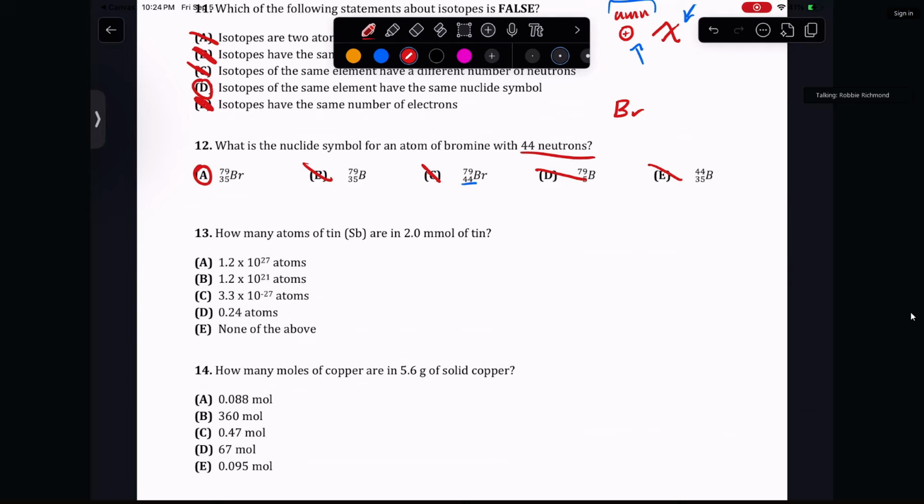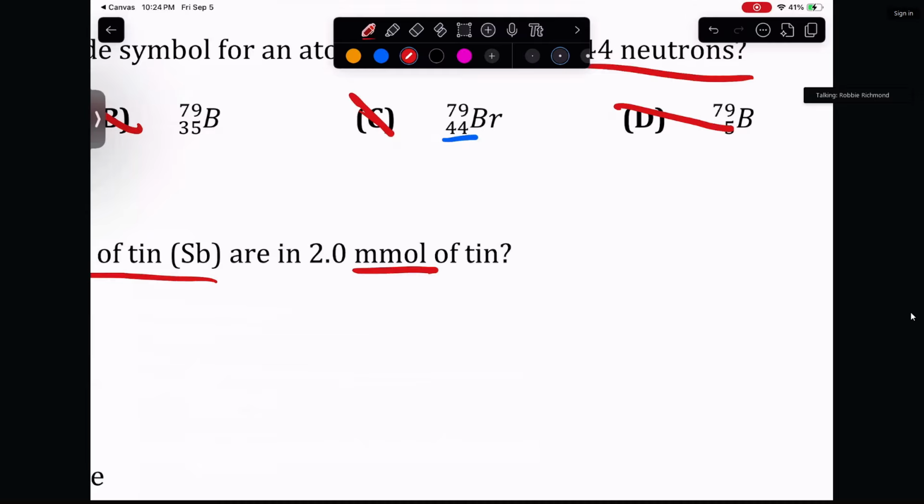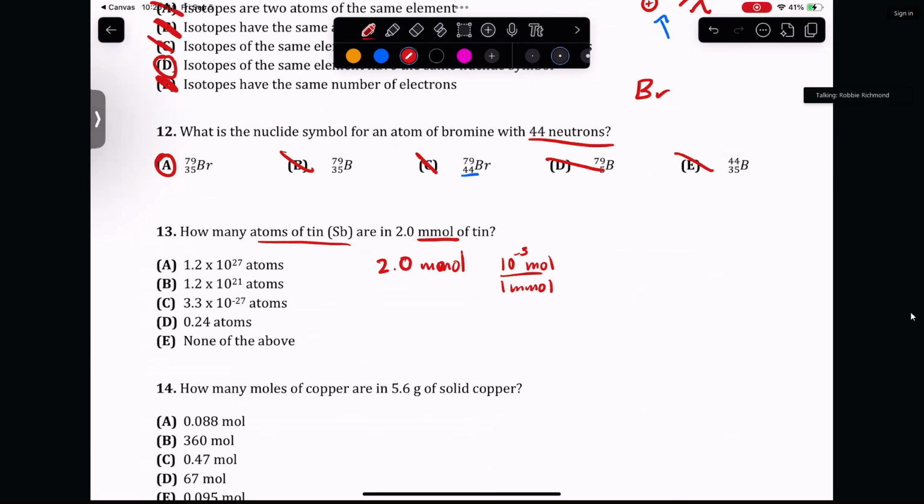How many atoms of tin are there in 2 millimole of tin? Now this isn't a typo, this is millimole. So first let's convert this to moles. In 1 millimole, there's going to be 10 to the negative 3 moles. Then we're going to multiply this by Avogadro's number.